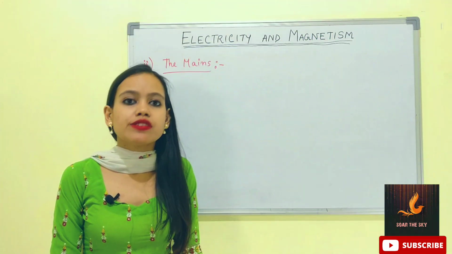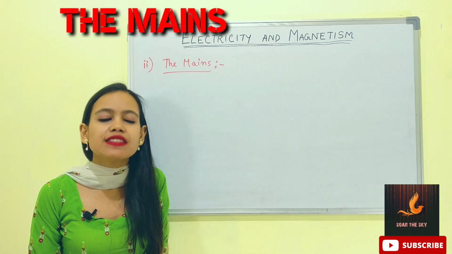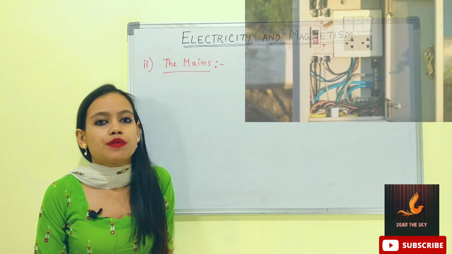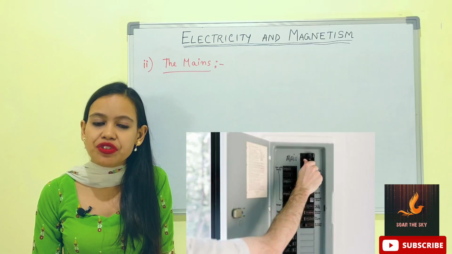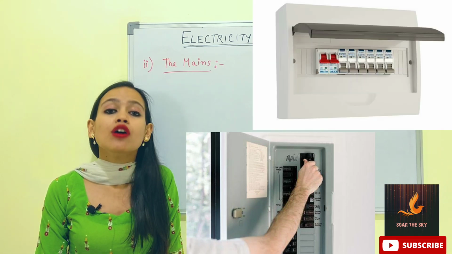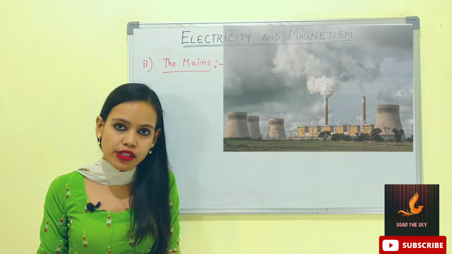The next source of electricity is the mains. What are the mains? Mains are nothing but the main switch that is present in our homes, in factories, schools, institutions, any building, from where we get the electricity generated at the power station.